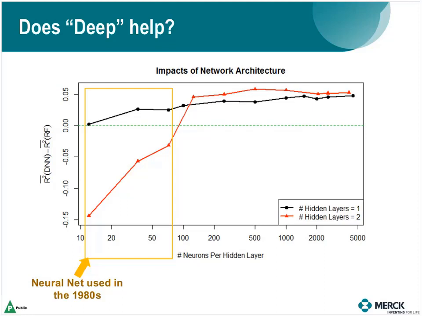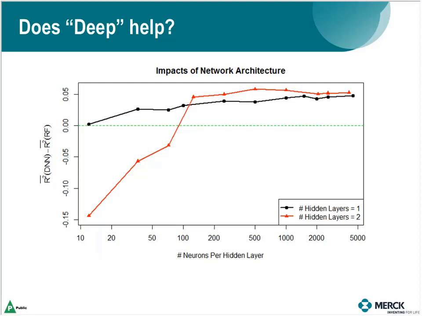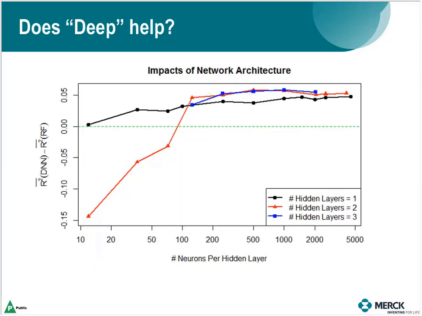But in the modern world, because we have the capability to use wider hidden layers, the advantage of deeper networks shows. What about 3 hidden layers? If we put in 3 hidden layers, you can see the advantage is not that obvious.